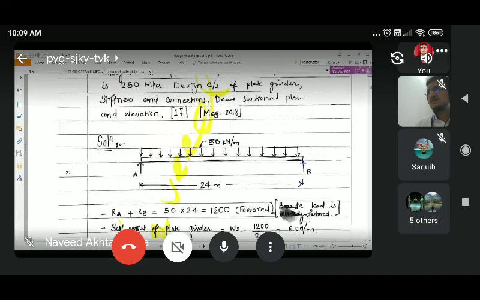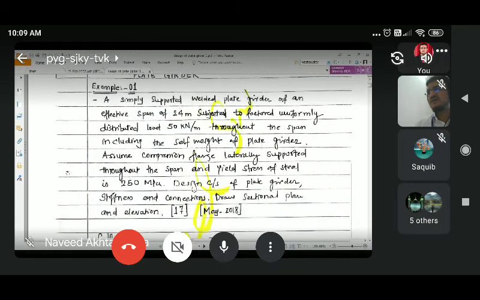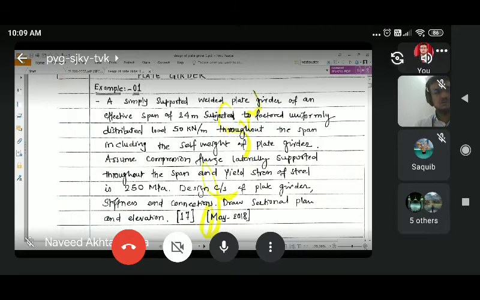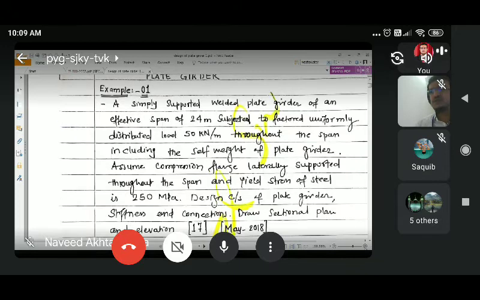First our example is given, write this example. I think the example will be visible to you. This example was asked in May 2018.